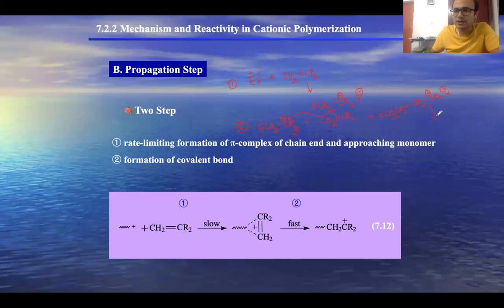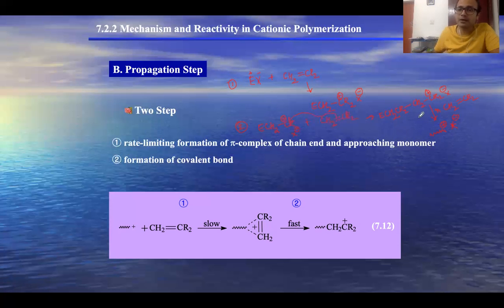Now for further propagation, suppose n monomers react here to give ultimately your propagating chain with the corresponding counter anion. So this is the propagation step that is happening in the cationic polymerization.